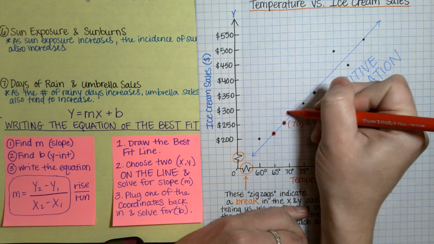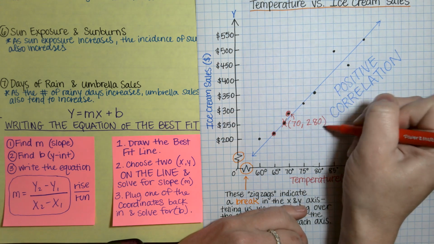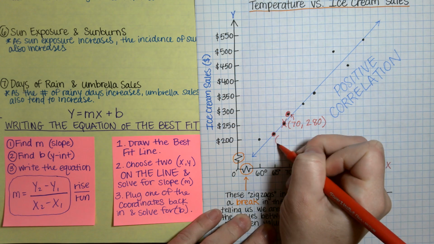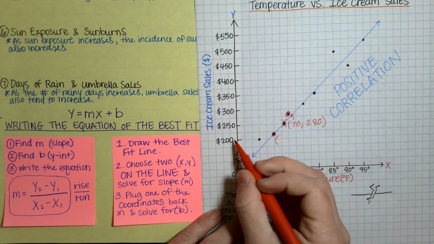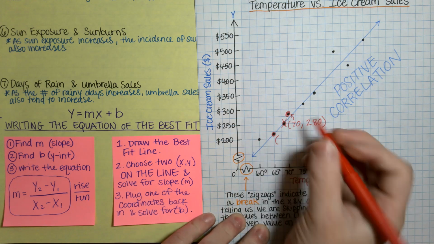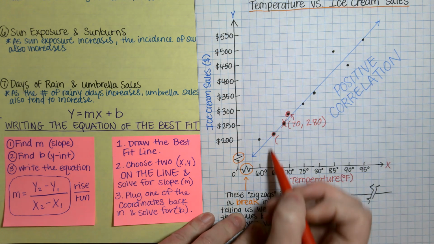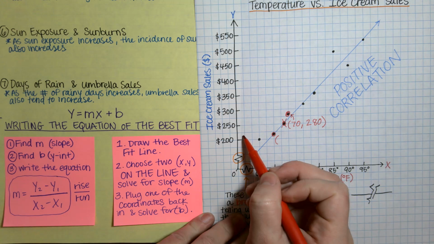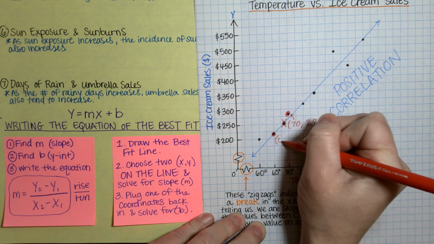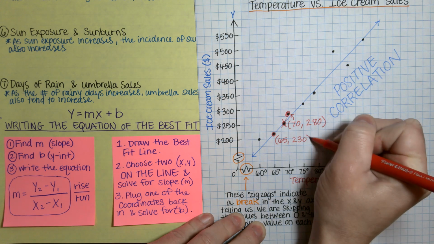It's this one. Whoops. 70 and 280. And this one was 65 to, what was this number? Can you tell me again, Erica? That one is 65 to 30. Okay, 230. 65 to 230.